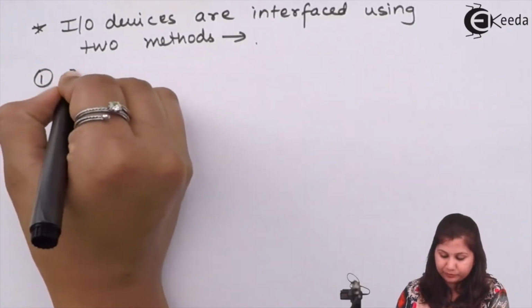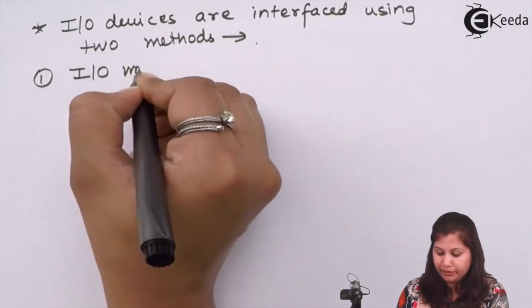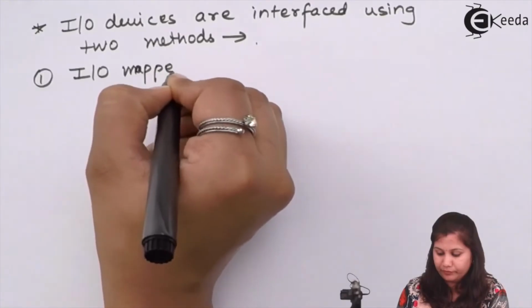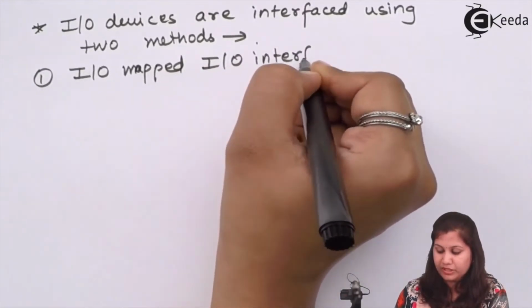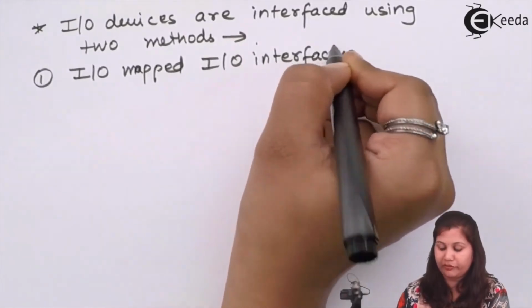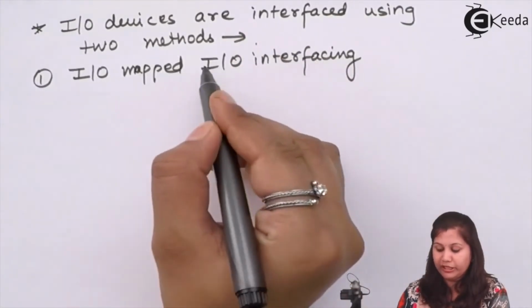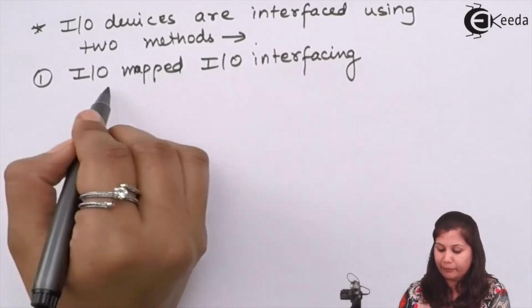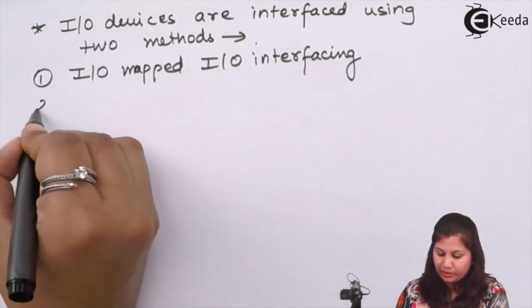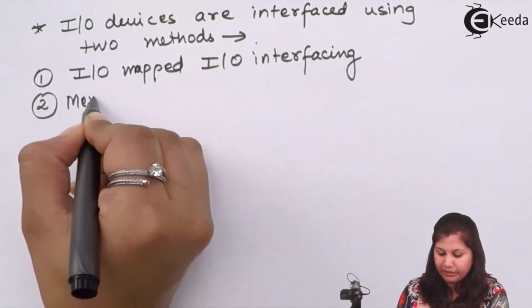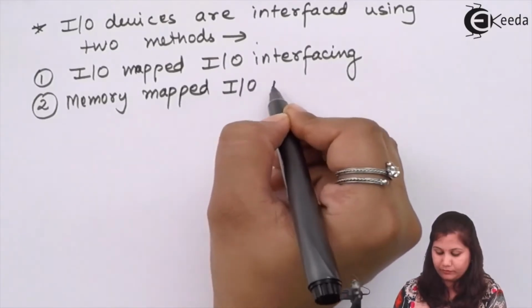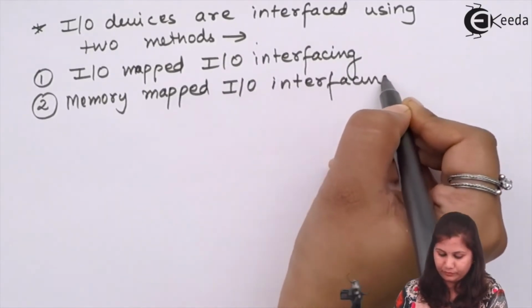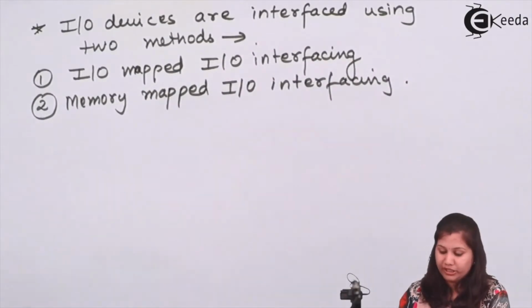One is the input output mapped interfacing, because this is the interfacing for the input output devices, and the other is memory mapped. So these are the two types of interfacing methods.